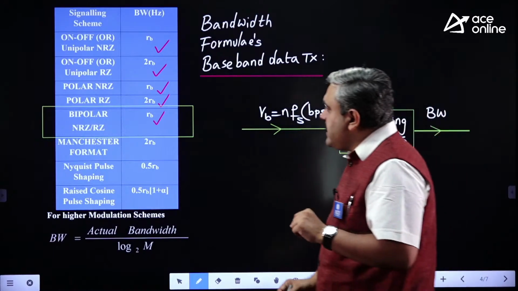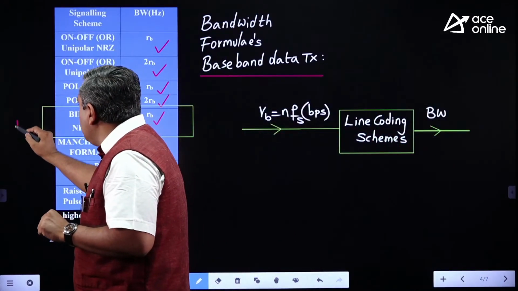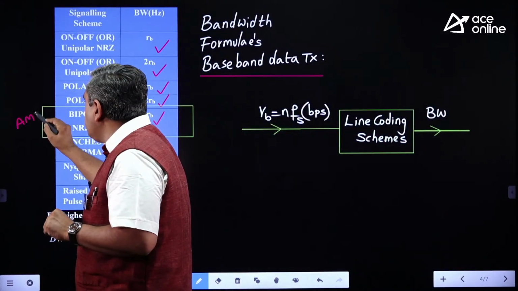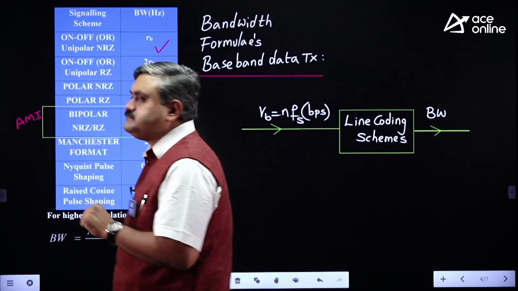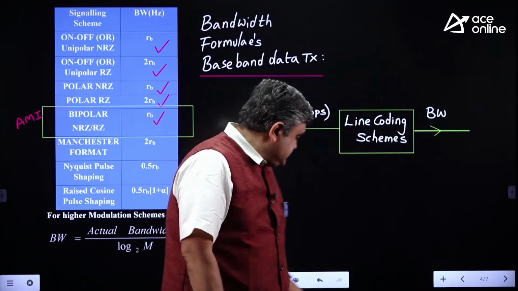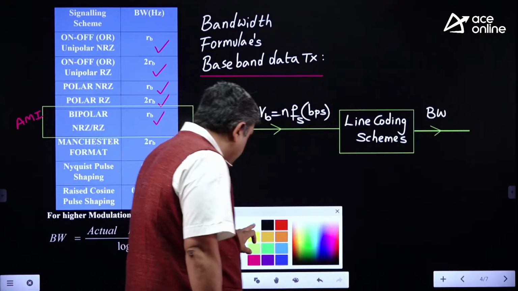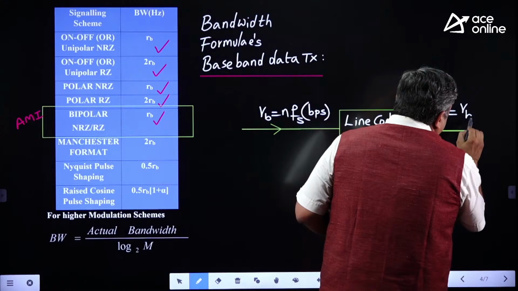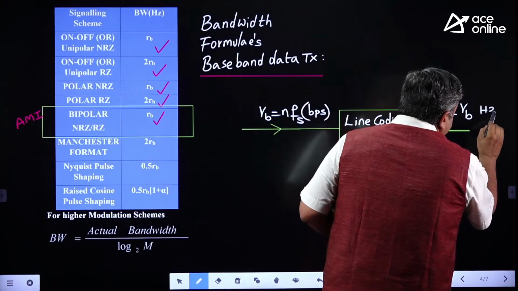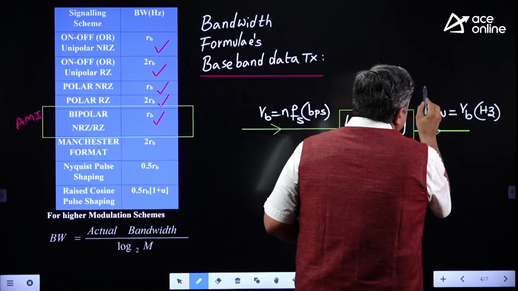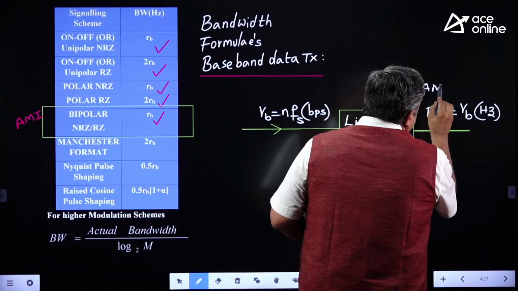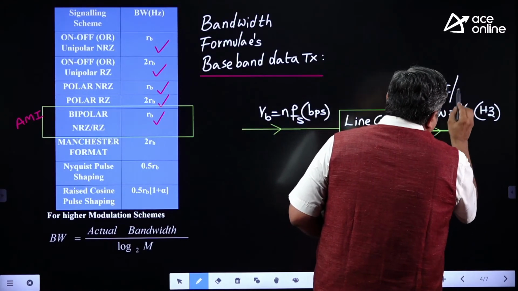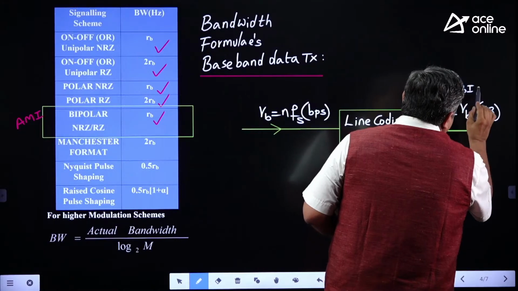This is also called AMI, alternate mark inversion. So if you use this coding scheme, your bandwidth and bit rate are the same, which becomes RB, and the unit will be hertz. This is the case when you use alternate mark inversion or a bipolar coding scheme.